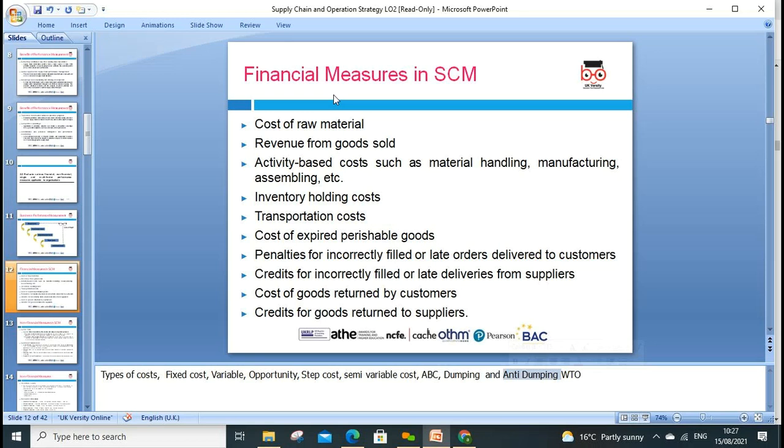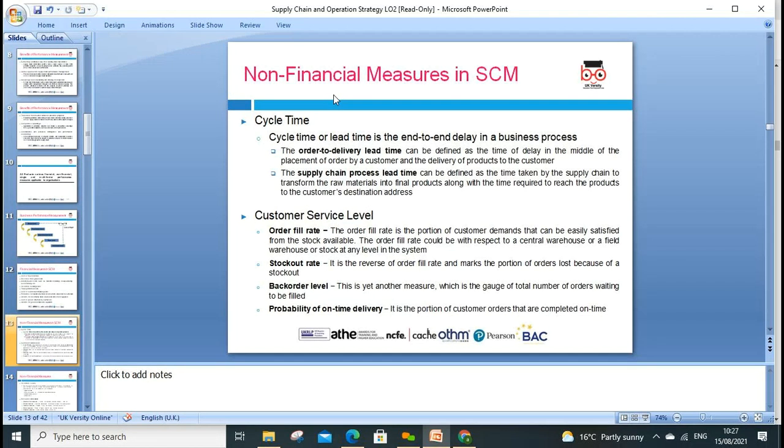Okay, credit for incorrectly filled or late deliveries from suppliers, cost of goods returned, and credit for goods returned to suppliers or the customer. So we need to look at how smooth our system is.